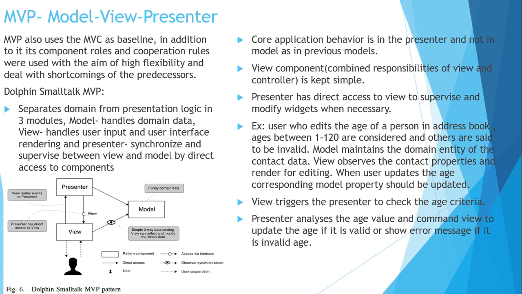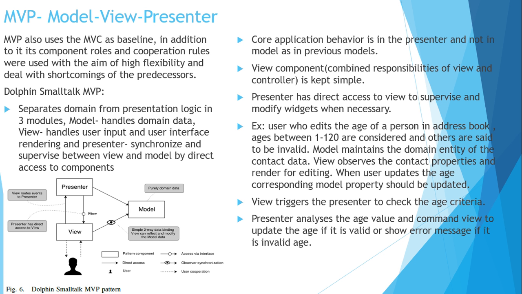Here let's take an example of a user who wants to edit the age of a person in his address book, and he sets a condition that ages between 1 and 120 are accepted and it should throw an error if it is above 120. The model maintains the data entity of the contact data.